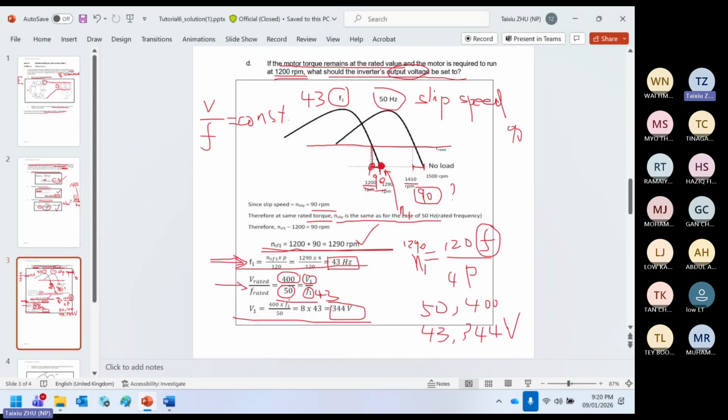The rated condition at 50 hertz is 400 over 50. Then it should be equal to the new one, V1 over F1. Your F1 you found already, 43 hertz. Now you substitute 43 here, do a cross multiply, then you can find the voltage. Done.